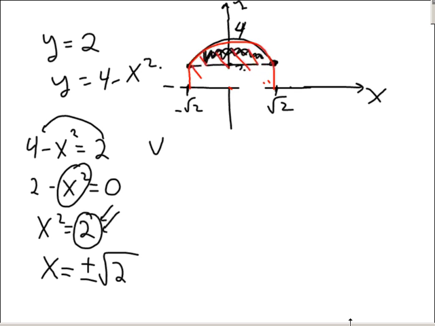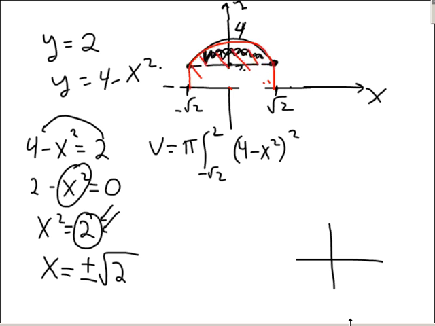Okay, so let's do this. The volume is pi times the integral from negative square root of 2 to 2 of r squared. Now, r is 4 minus x squared. If you think about it, we have symmetry.